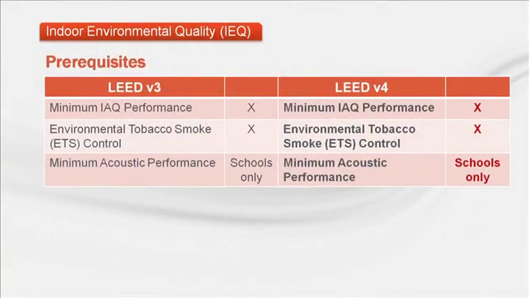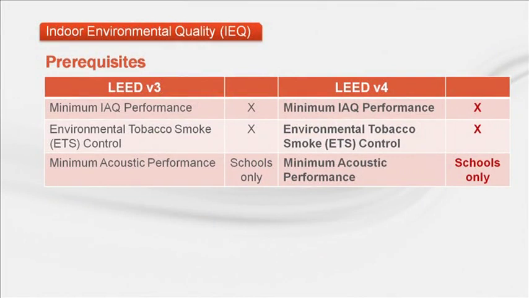I can. Like the other sections of the LEED rating system, the indoor environmental quality category has been reorganized for version 4, and some of the requirements have been made more stringent. Because we have limited time, I'm going to focus on those changes that have the most impact on the HVAC design team.